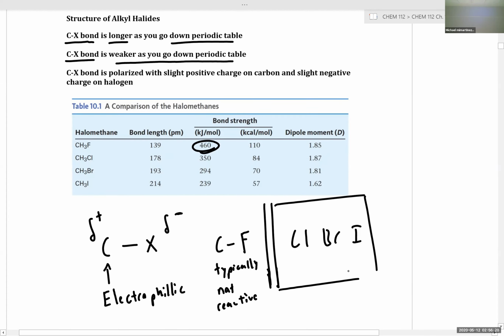So for most synthetic reactions in terms of displacements and eliminations, they only work efficiently under standard conditions with the chlorides, bromides, and iodides. Does that make sense to everyone?